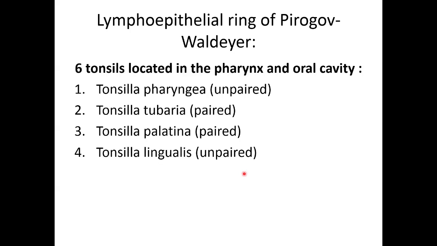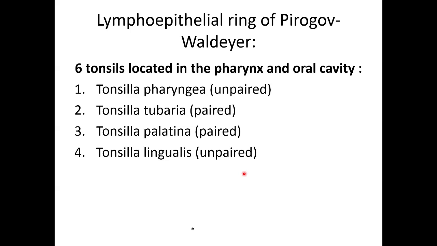This ring consists of 6 tonsils located in the pharynx and oral cavity. They are tonsilla pharyngea, which is unpaired, tonsilla tubaria, paired, tonsilla palatina, paired, and tonsilla lingualis, unpaired.